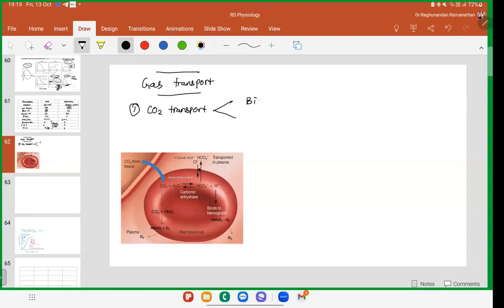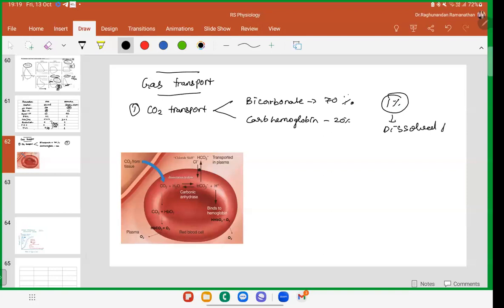Number one, as bicarbonate: 70% is transported as bicarbonate. 20% is transported as carbaminohemoglobin. And the remaining 1% or so is in the dissolved form.